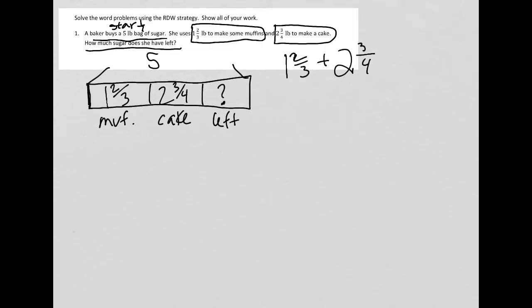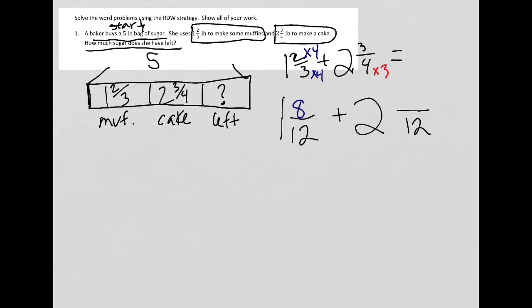So let's do that and set it up with our common denominator. So it's going to be 1 and something plus 2 and something. Looking at a third and a fourth as my denominators, I know that 3 times 4 is 12. So my new denominator is going to be 12. So 3 times 4 is 12 and 2 times 4 is 8. 4 times 3 is 12 and 3 times 3 is 9. So I get 1 8/12 plus 2 9/12.